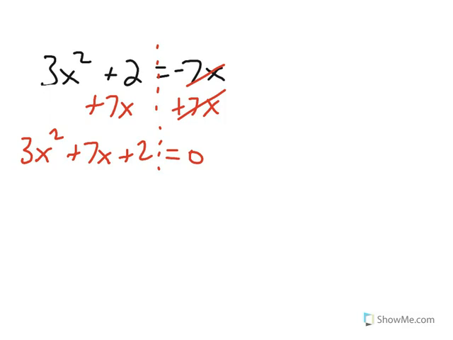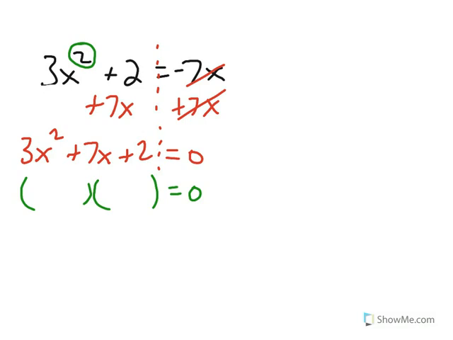But what I can do now is factor and try and make each little piece, each quantity that I don't know, equal 0. By the way, in case we haven't mentioned this before, when you see an x squared, that usually means there's a good possibility you're going to have two answers to that equation. You've got to find both of them.